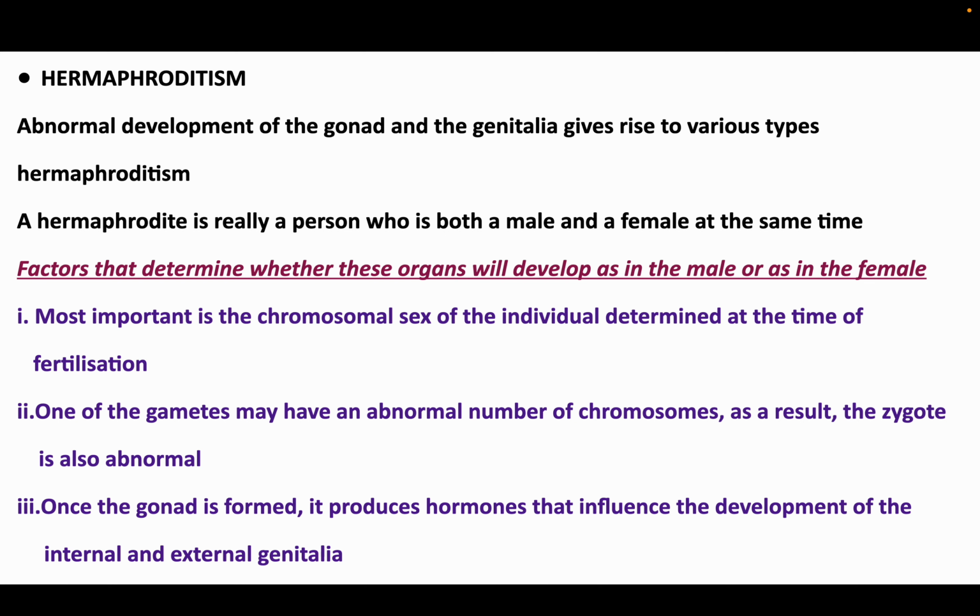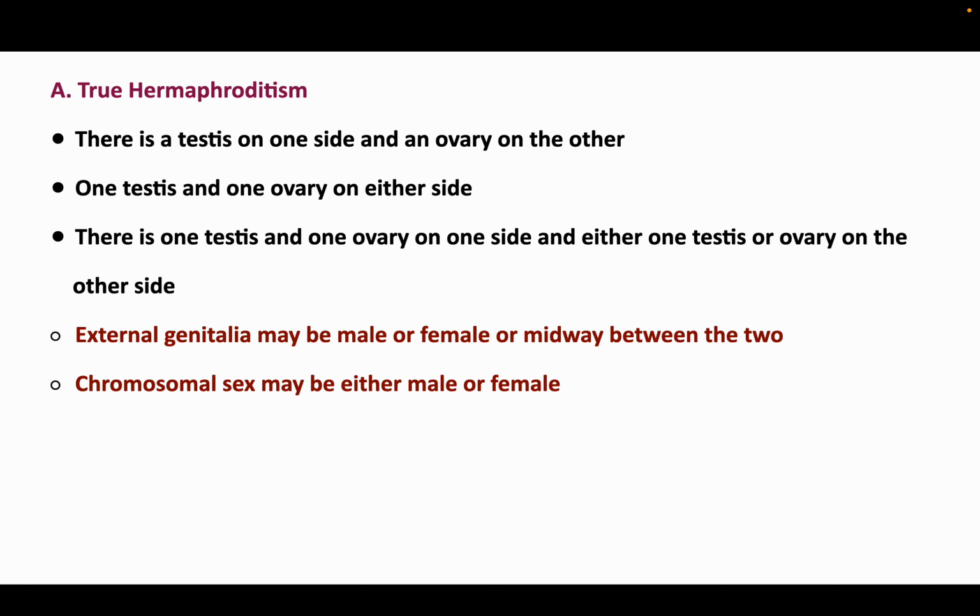So one of the gametes may have an abnormal number of chromosomes. As a result, the zygote is also abnormal. Once the gonad is formed, it produces hormones that influence the development of the internal and external genitalia. So these are the factors responsible for the different conditions.